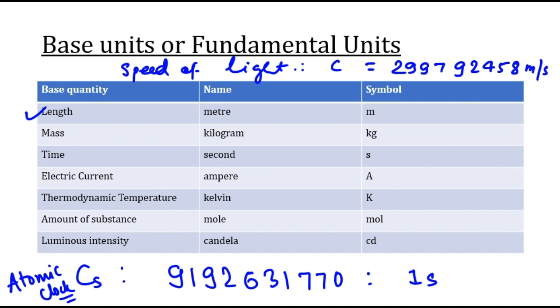This is the speed of electromagnetic wave in vacuum, which has been decided earlier. And now this is being used, along with the definition of 1 second, to define 1 meter. For now, take it as it is. Later on, as the course goes on, these things will be more clear. But for an idea, take these things.